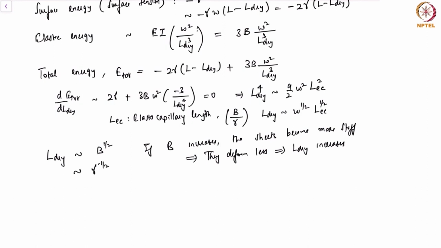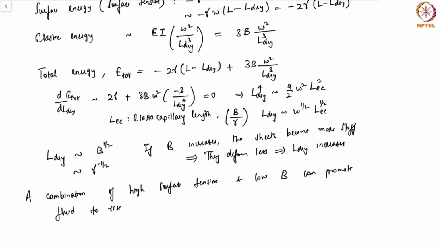So what this tells us is a combination of high surface tension and low B, that is low bending stiffness, can promote fluid to rise much further than the case of two rigid plates.